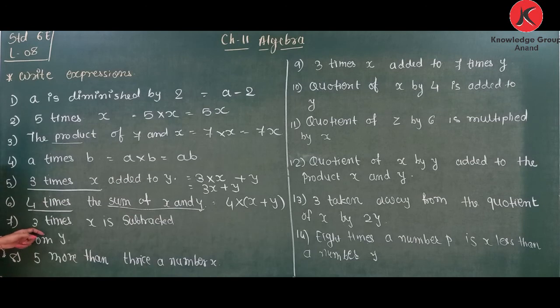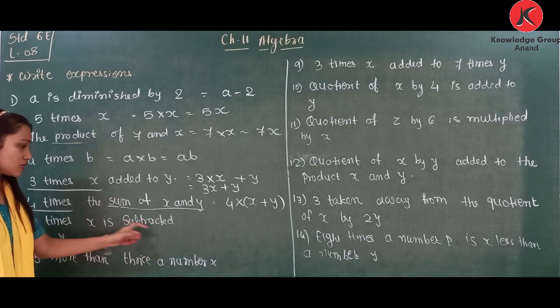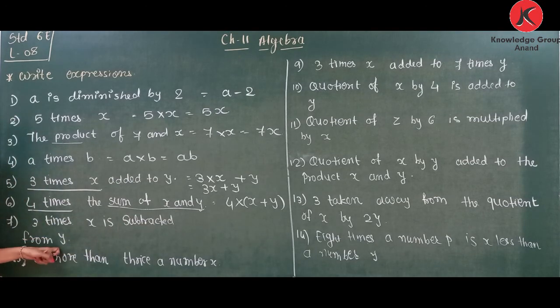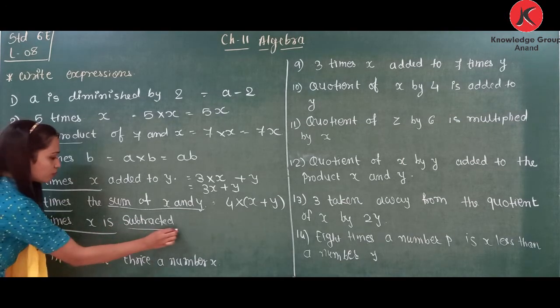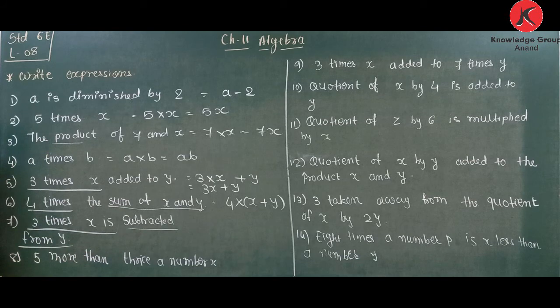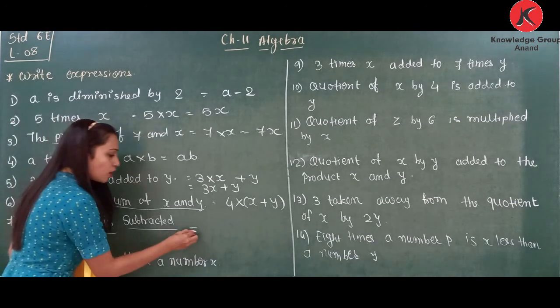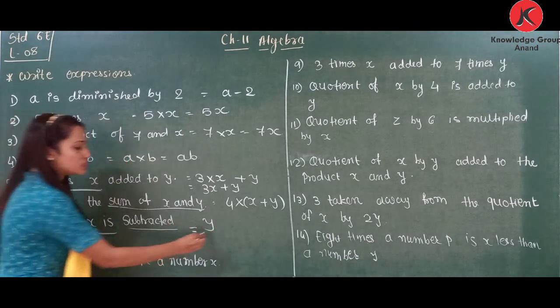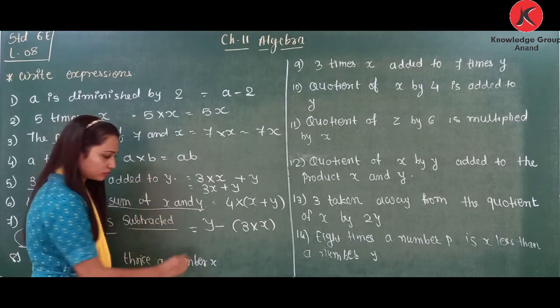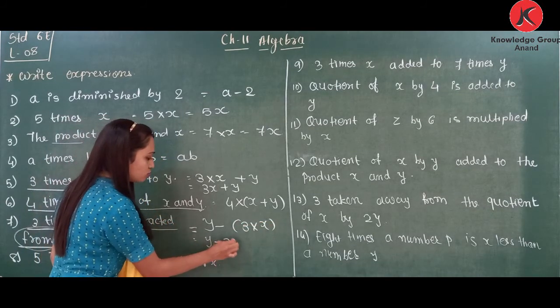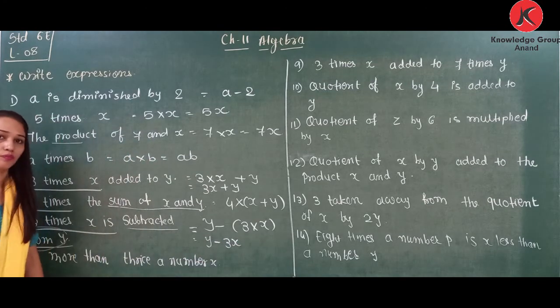Now next, 3 times x is subtracted from y. From y you need to subtract 3 times x. So from what? y. Subtract 3 times x. So y minus 3x, that is the expression.